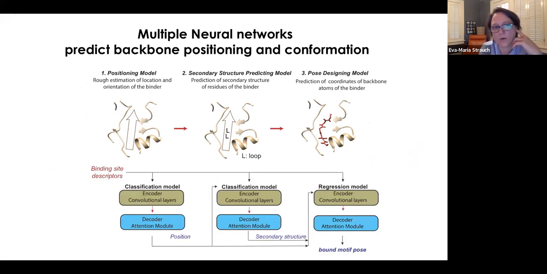And so that's encoded in an encoder-decoder system. We have 2 classification models and then a regression model at the end. So the first one, again, is position, then what comes out of the position gets fed into the secondary structure prediction part, and then it puts these parts together.